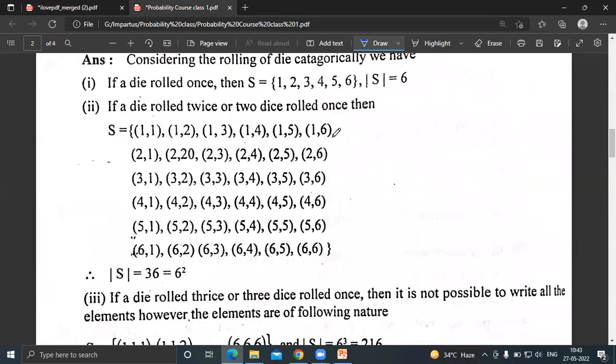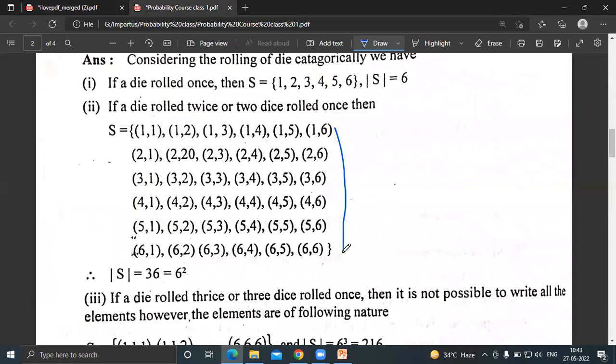If we roll 2 dice, the elements look like 1 1, 1 2, 1 3. Taking the addition, we get 2, then 3, then 4, up to 12. That means the sum ranges from 2 to 12.